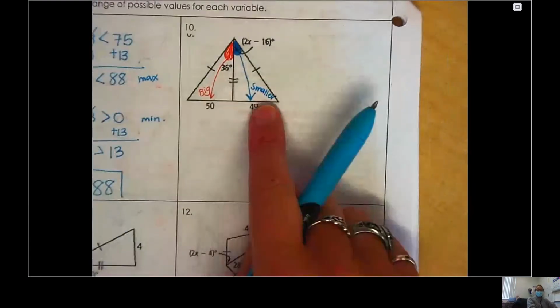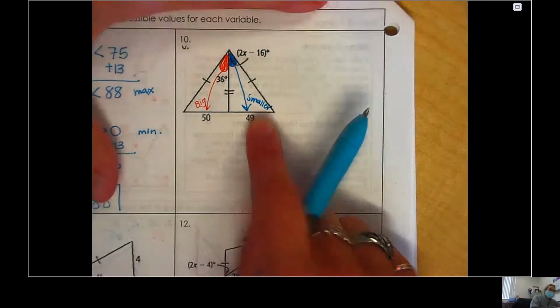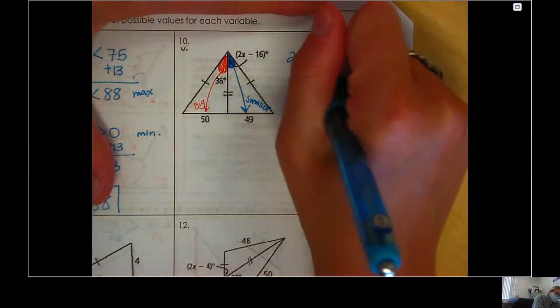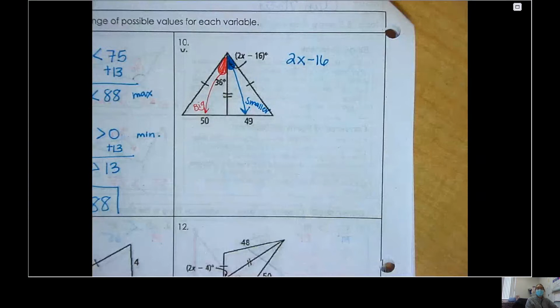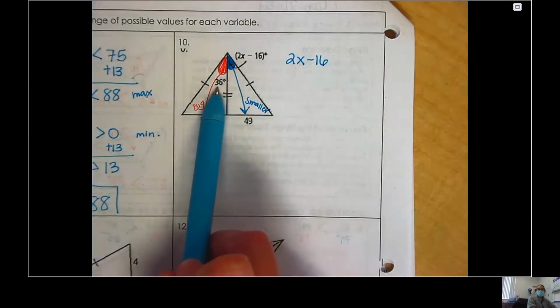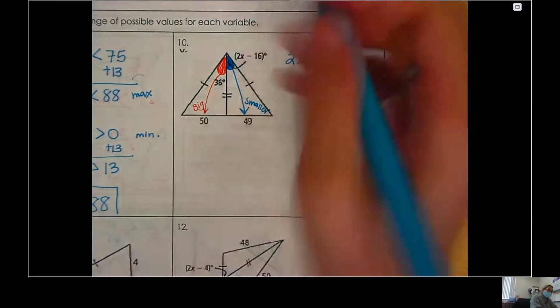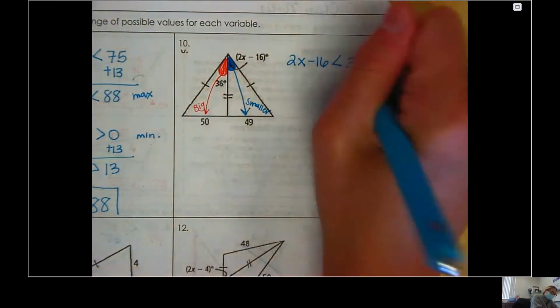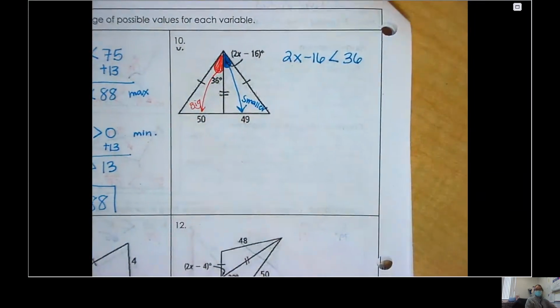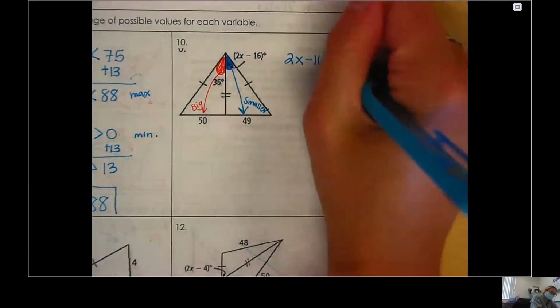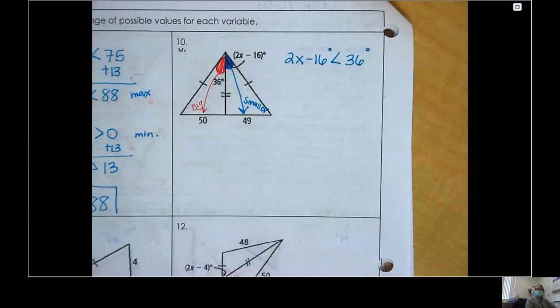Knowing that this is the smaller triangle, I'm going to write 2x minus 16 is what? Is it greater than or less than the 36? Less than. It's a smaller triangle. So it's less than 36. This was my degree. Now pretend it's an algebra problem, pretend it's an equal sign. What would you do first?